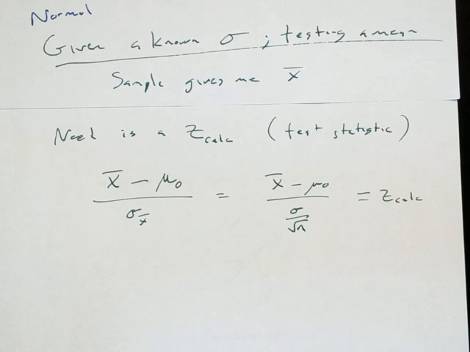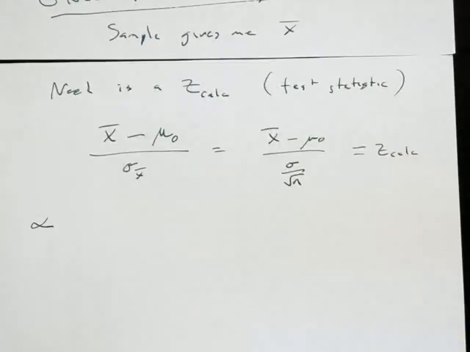What I'm really asking is, does the confidence interval around this number contain 0? Because if the confidence interval contains 0, then I'm confident that my sample and the thing I think it should be are the same. So now I need to decide what my confidence is.